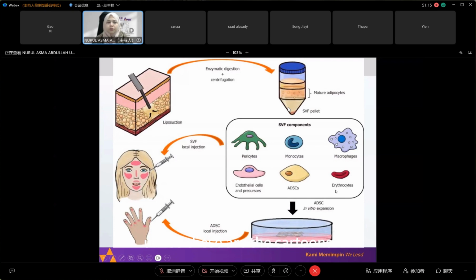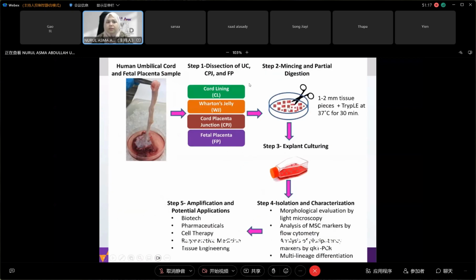So these are the cartoons. Let's have a look at this one first. I give an example if you want to isolate stem cells from human umbilical cord and also fetal placenta. Anyone married here and gave birth already? Okay, yeah.